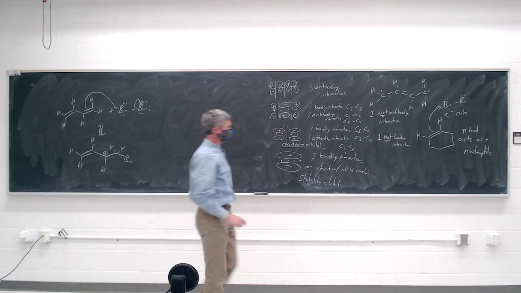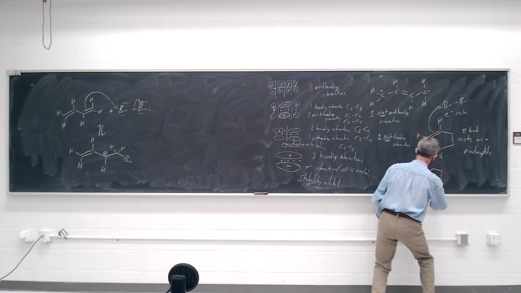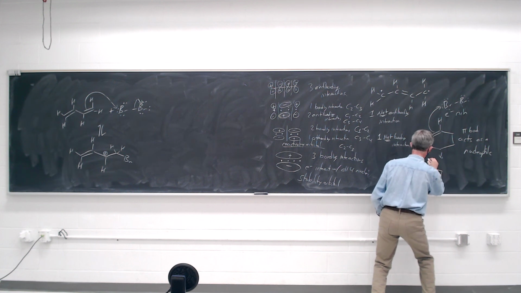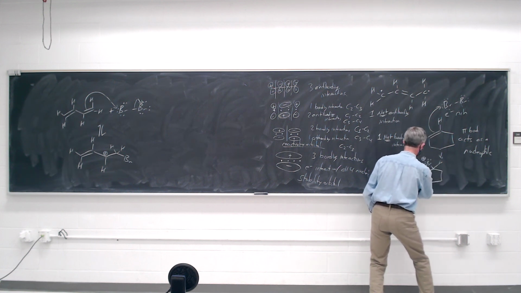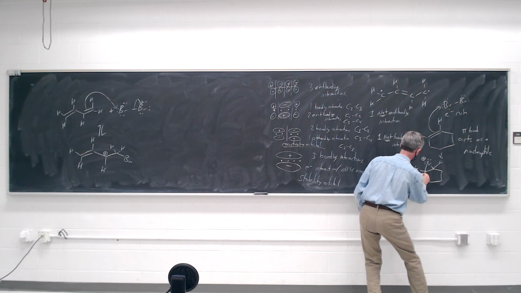Normally when we attack bromine, we make a bromonium ion, where the bromine is bonded to both of those simultaneously. And then that bromonium ion waits until bromide ion comes and opens it up.